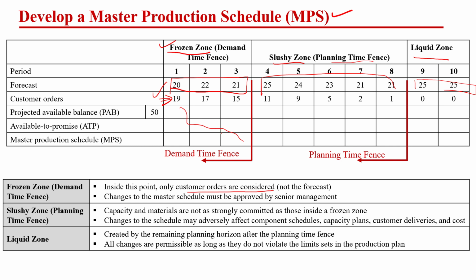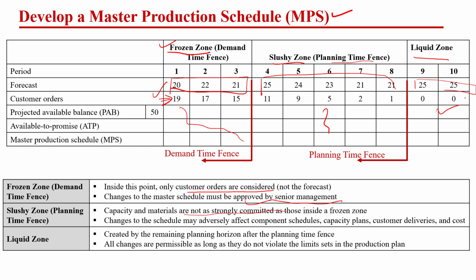If you want to change this, it is not going to be changed without the approval of the senior management. Whereas over here you can change the material or the capacity, because that is based on the forecasted demand. You can change your master production schedule, similarly over here as well. I hope you got the idea regarding why we are dividing the master production schedule into three time periods.